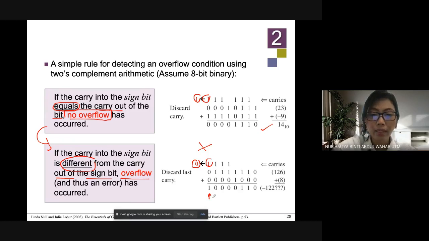So you get here a negative number, but suppose you should get positive, right? So this is an overflow situation, or overflow condition.